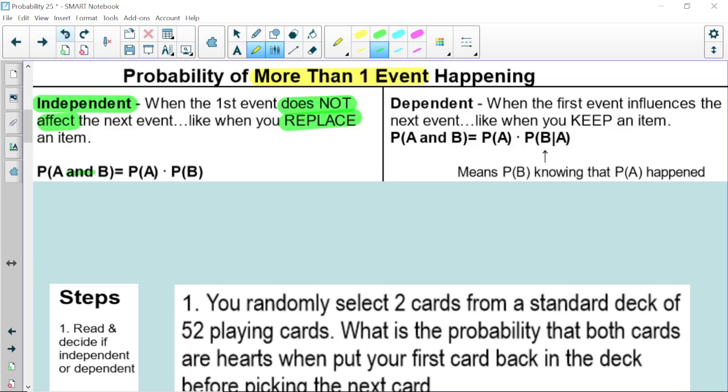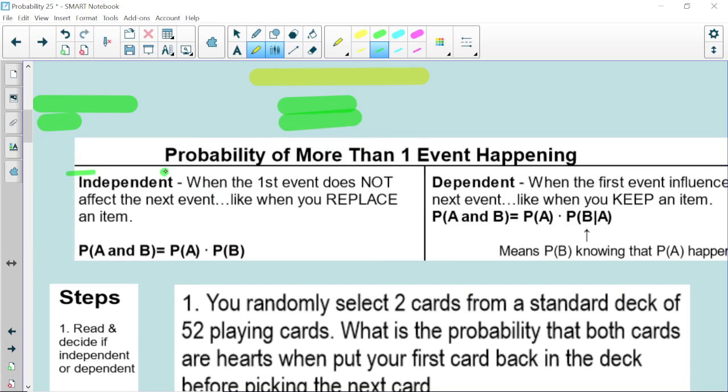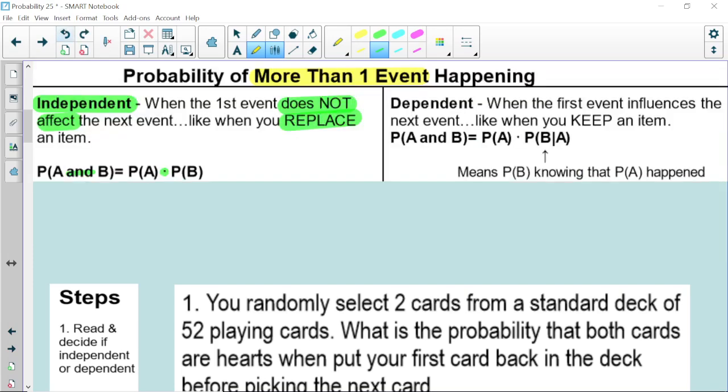Event A, and then event B. Whenever we have multiple events, we're going to multiply our probabilities.